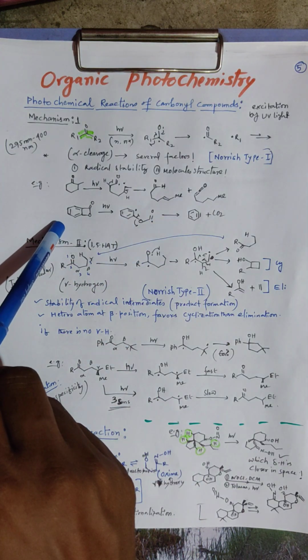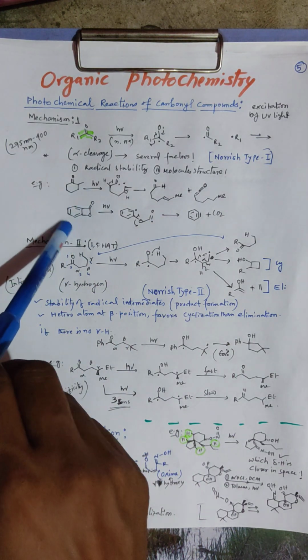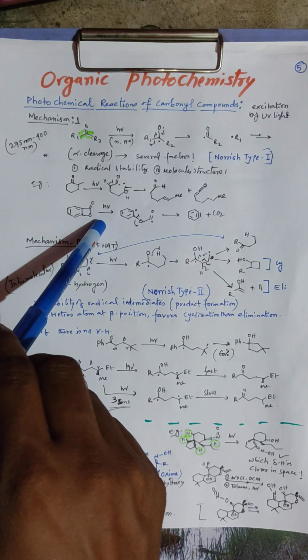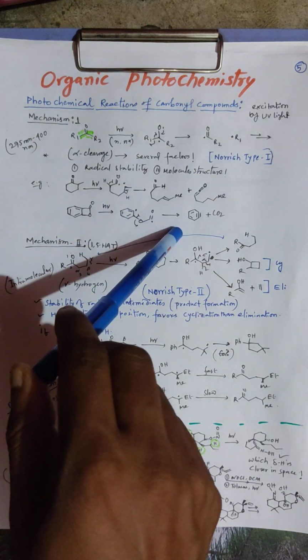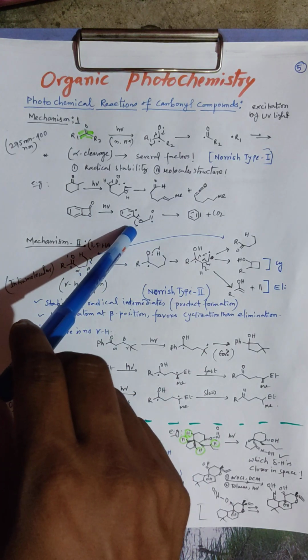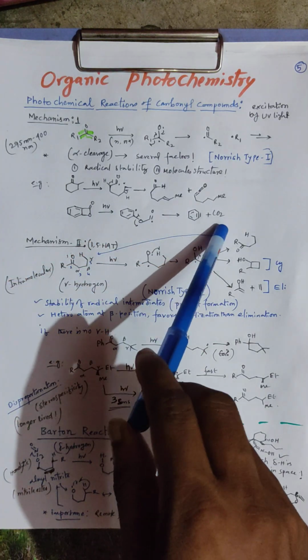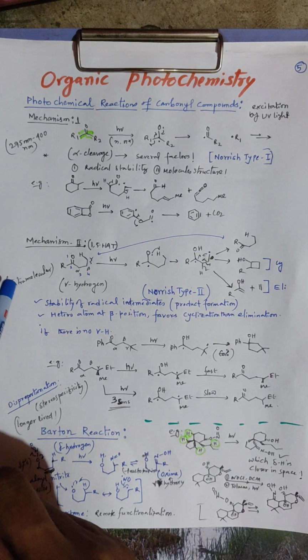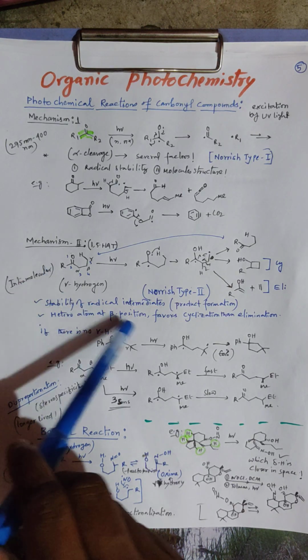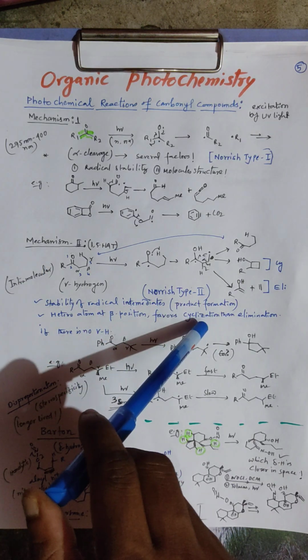Now this is another example where these molecules under photochemical condition give this biradical species, which further generates benzene and carbon dioxide.